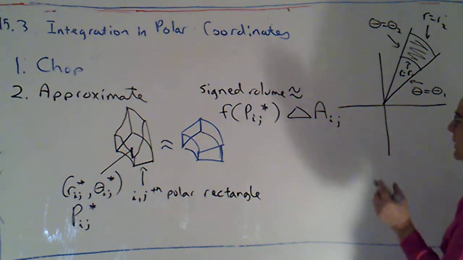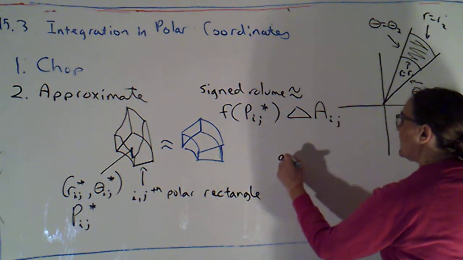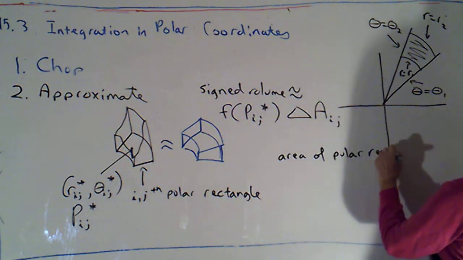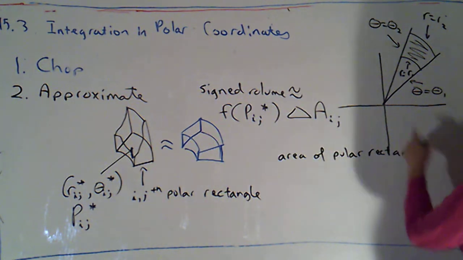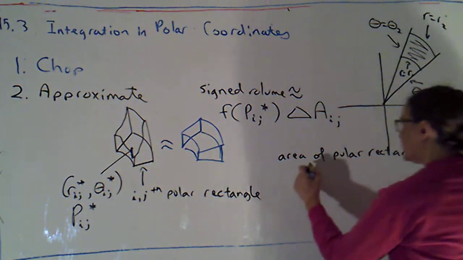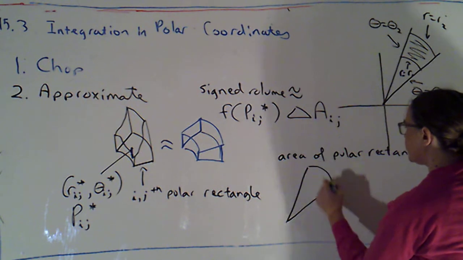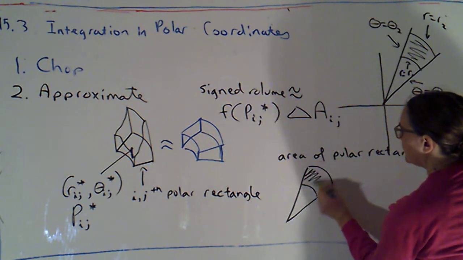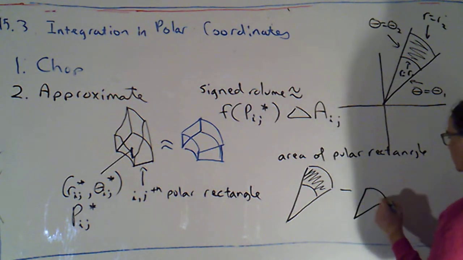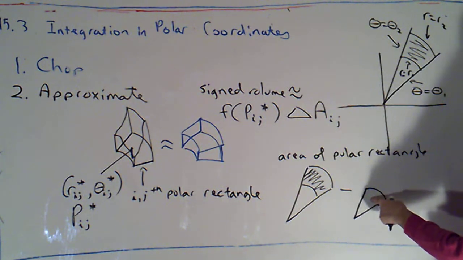Okay. Well, I can say that the area of my polar rectangle, it kind of looks like it's the crust of a slice of pizza. So I can say, hey, it's the whole slice minus the inner slice.